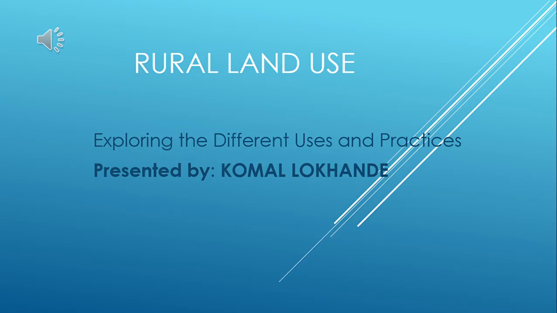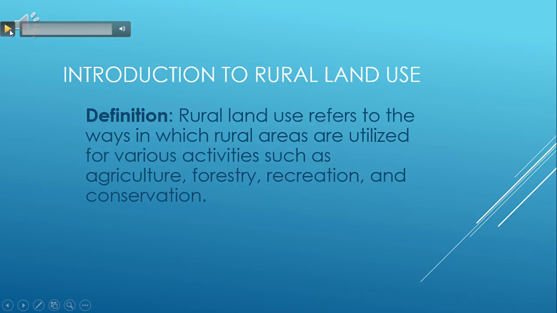What is rural land use? Exploring the different uses and practices. In this lecture, we have to learn about rural land uses. To know more about rural land use, first we would like to know the introduction part.